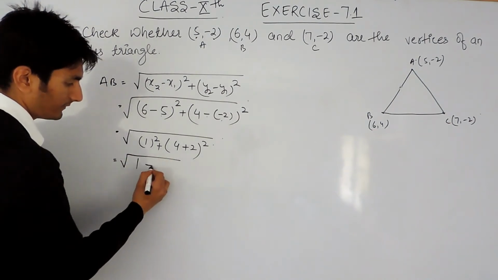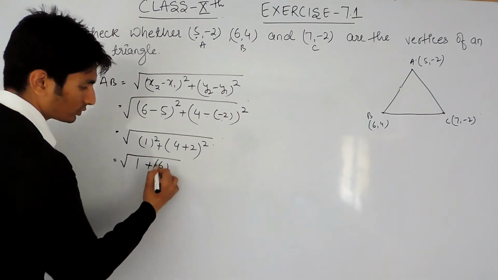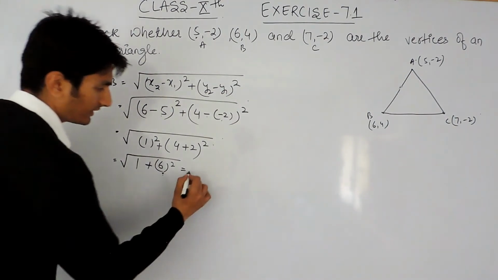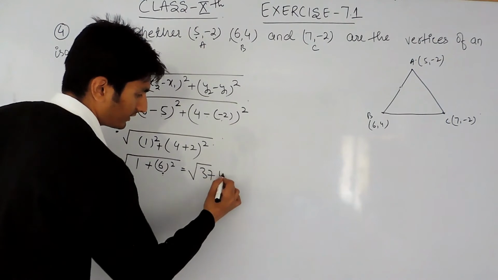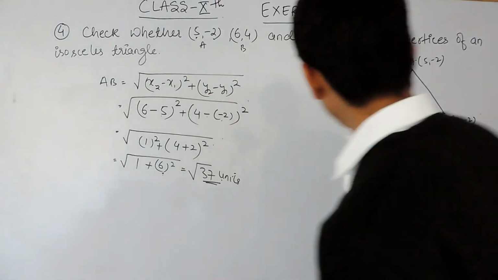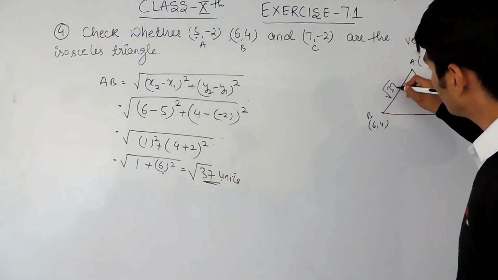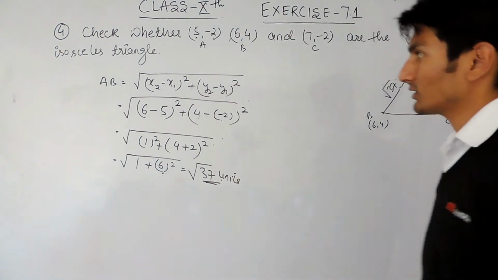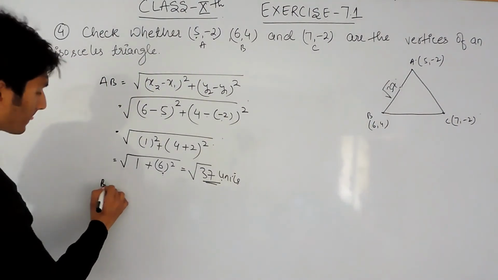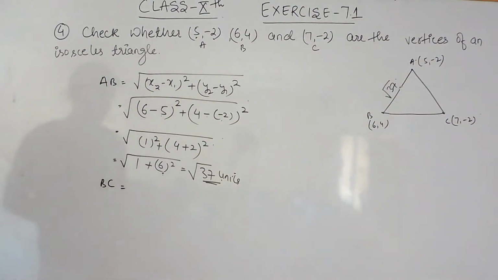So 1 square is 1, and 4 plus 2 is 6, so 6 square. 6 square is 36, so 36 plus 1 is root 37 units. So here the distance between AB is root 37 units.